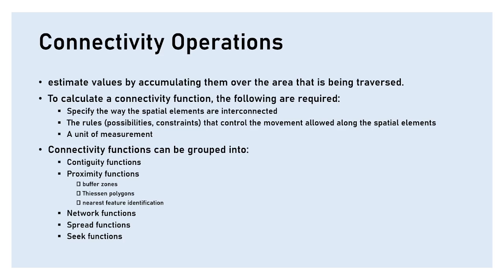The reason why you have to specify how they're interconnected is because, as the name suggests, it's a connectivity operation, right? So this interconnection information is very much required among the spatial objects or spatial elements. And then how things move, what are the constraints, possibilities, that means the rules that will control the movement, such things. For example, this is an example which Professor Saraf has also given. Let's say there is a pipeline, or a river system, or even a road, some line feature.